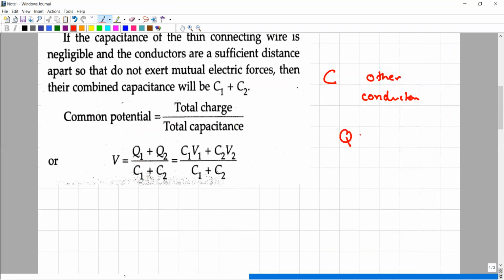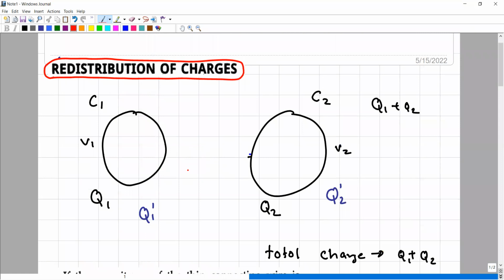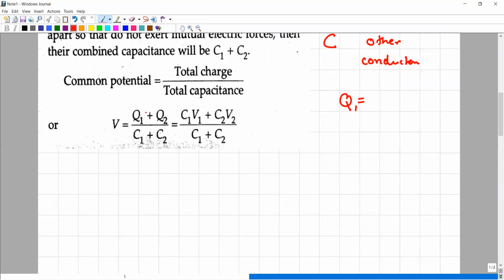Now Q1 is the charge on the first capacitor initially when this was not connected. So you can also write that Q1 is equal to C1 V1 and Q2 is equal to C2 V2. These are the initial values of Q1 and Q2 before it was connected. So your common potential V is C1 V1 plus C2 V2 over C1 plus C2.